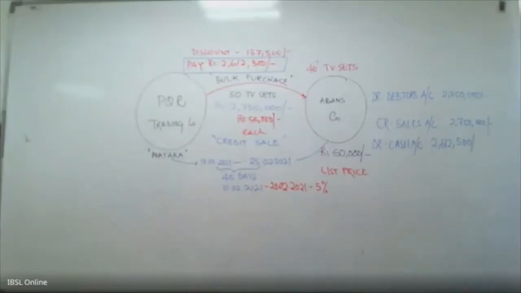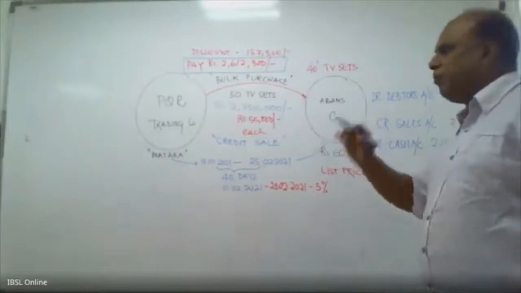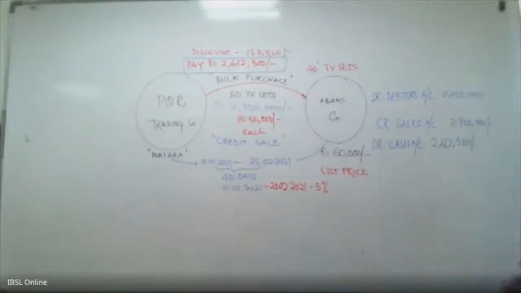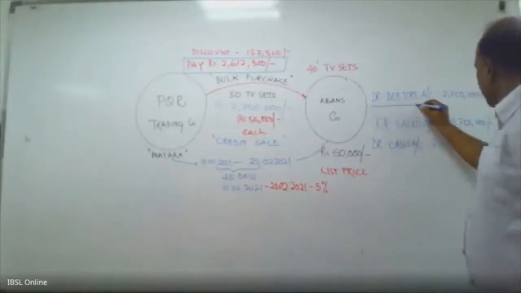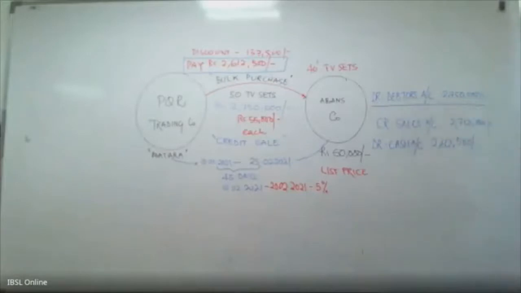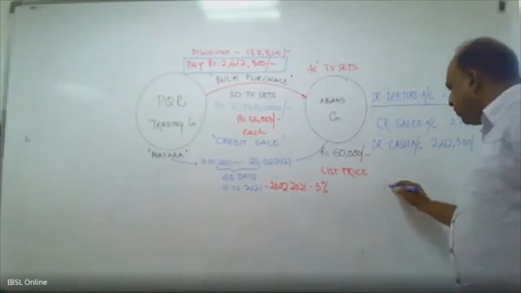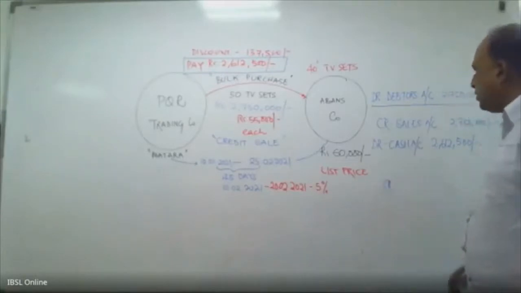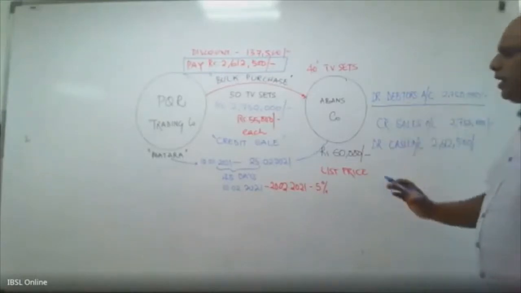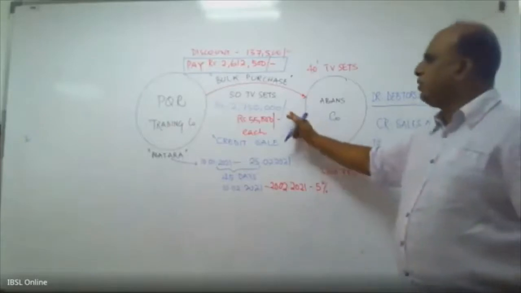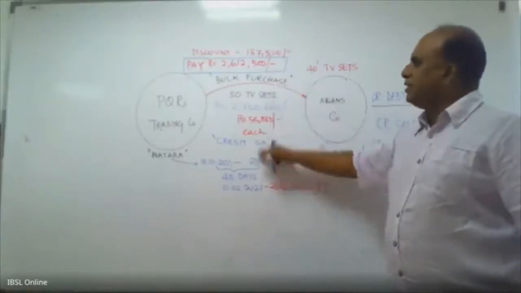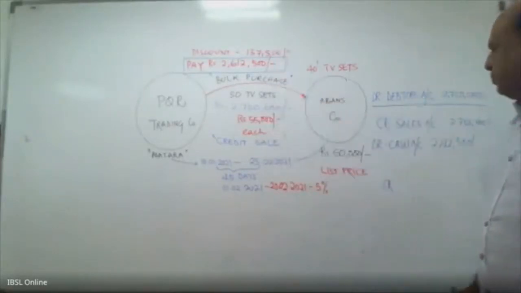But what is the total amount due from PQR Trading Company? That is 2,750,000. So what you need to do? You need to reverse that entire amount because now PQR Trading Company is not going to pay you 2,750,000, because you have given a consent to pay only this amount.